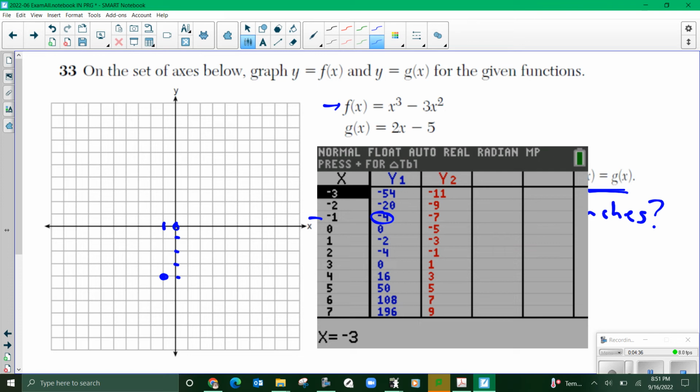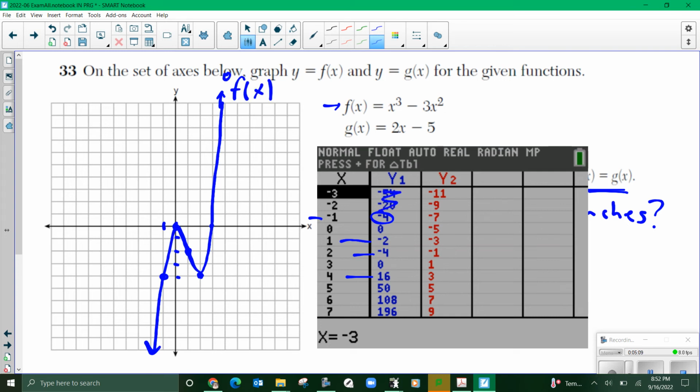I'm going to graph 1, -2, so 1, -2 is right here. 2, -4, which is going to be right here. And then 3, 0, it comes back here. And 4 goes to 16, so 4 is going to be way up here somewhere. So I'm just going to have the line come all the way down, up, and then down. That's my f of x.